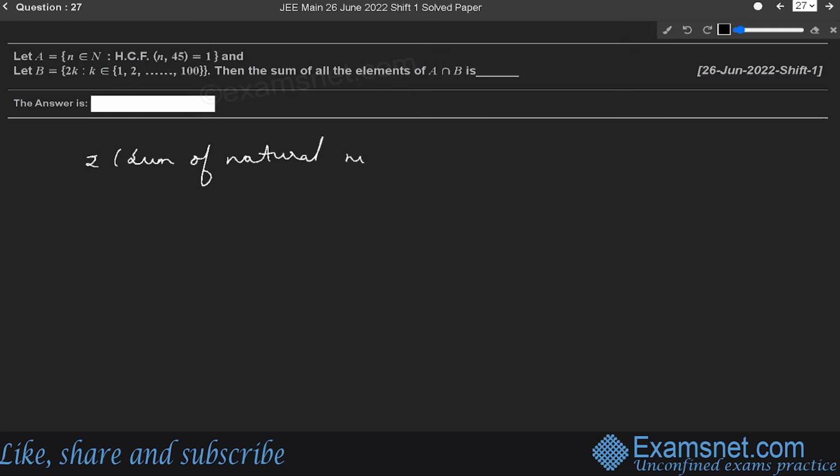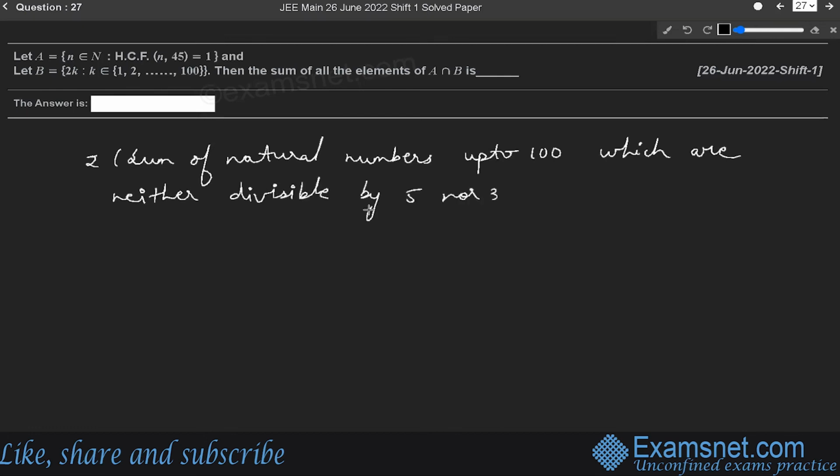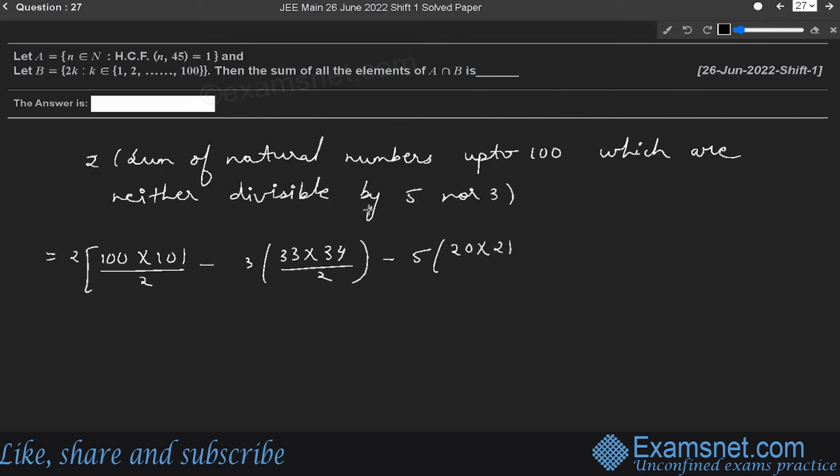because here n belongs to N, natural numbers up to 100, which are neither divisible by 5 nor 3. So this will be equal to 2 × [100 · 101/2 − 3 · 33 · 34/2 − 5 · 20 · 21/2 + 15 · 6 · 7/2].